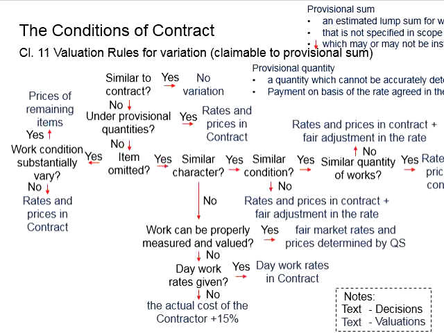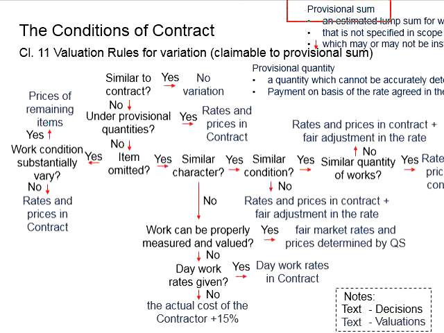It also doesn't mean that when we know it is a variations and it is not under the provisional quantity, it shall automatically be under the provisional sum, as you will need to check whether the provisional sum has already catered for the relevant work. If in the first place the provisional sum has already catered for that work, then it is claimable under the provisional sum.